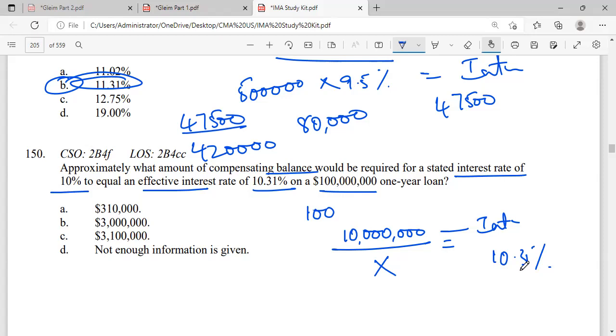So how do I calculate 10.31 percentage? Guys, come on, tell me fast.